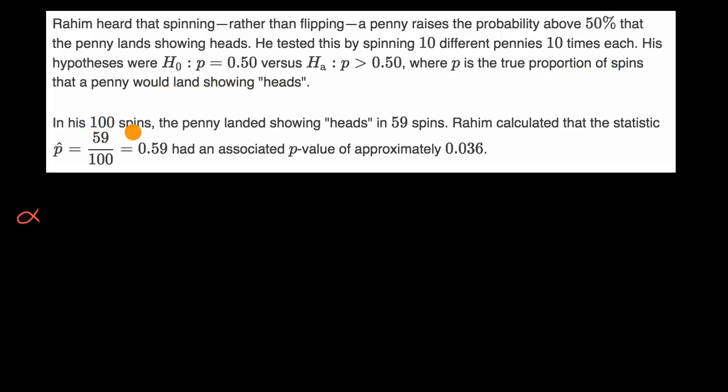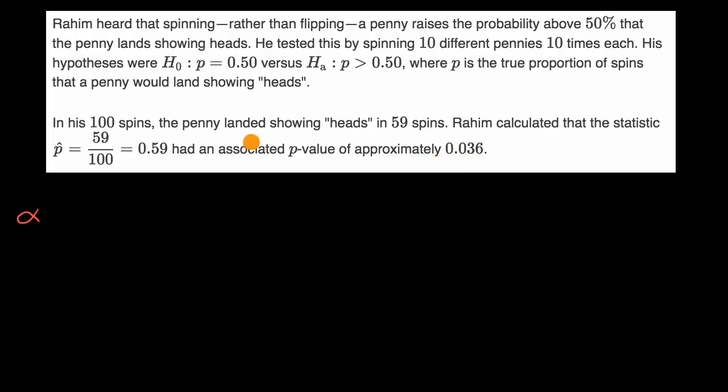In his 100 spins, the penny landed showing heads in 59 spins. Rahim calculated that the statistic, so this is the sample proportion here, it's 59 out of the 100 were heads, so that's 0.59 or 59 hundredths, and he calculated it had an associated p-value of approximately 0.036.